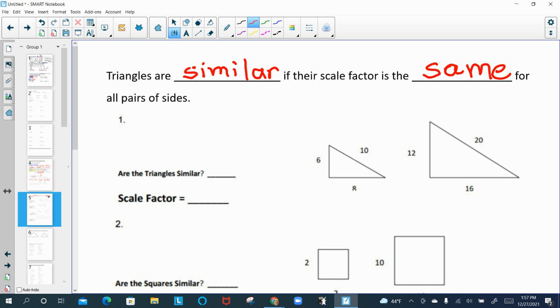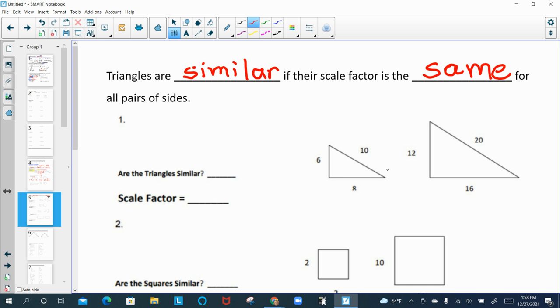So now we have to take a look at not just triangles. If you look down here at number 2, we have squares, but we'll talk about that in a minute. Are the triangles similar? Well, we have to check out all 3 sides and see if the 3 scale factors are the same. So let's take a look at this.